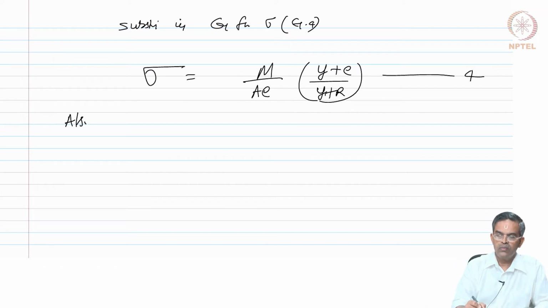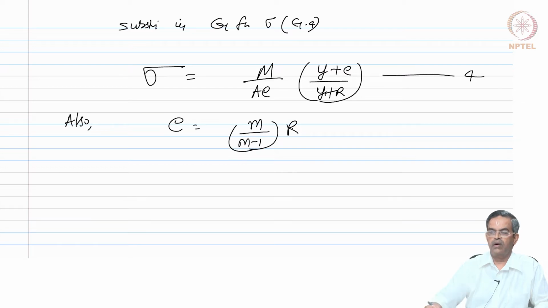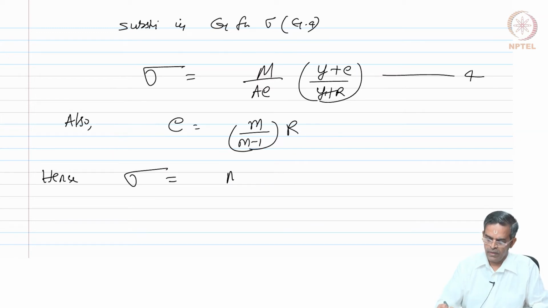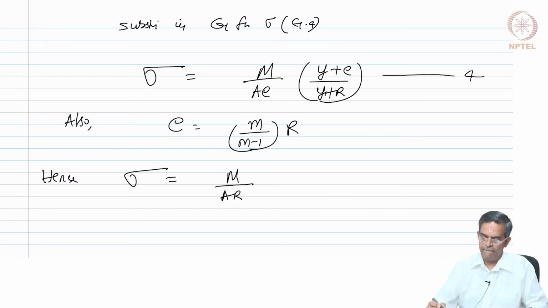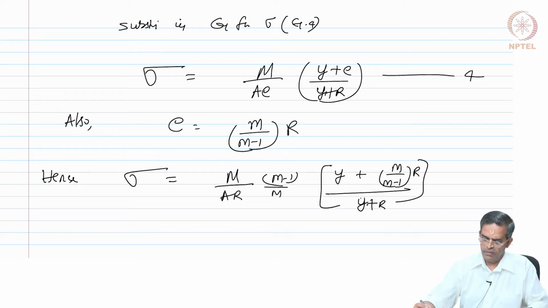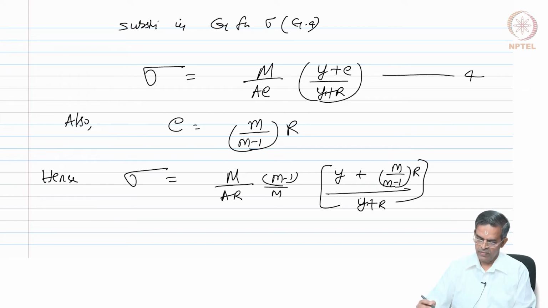Also, E is M by (M minus 1) of R. Hence, stress now becomes M by AR times (M minus 1) by M, Y plus M by (M minus 1) of R, divided by y plus r. I am just substituting.